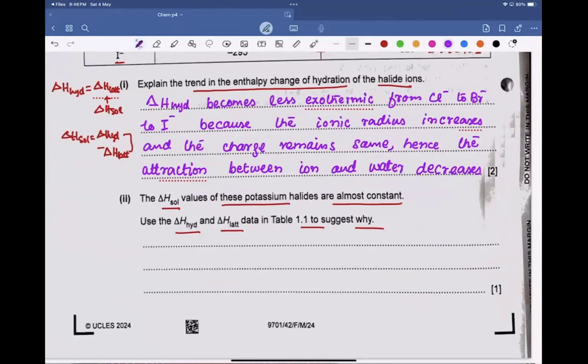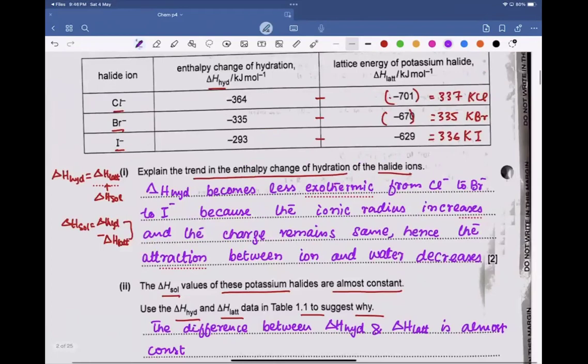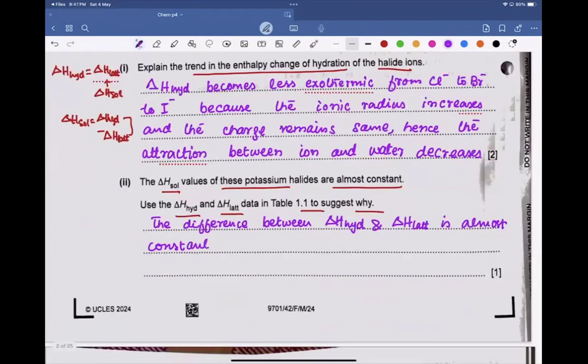So the difference between enthalpy change of hydration and lattice energy is almost constant because we have seen 337, 335, 336.